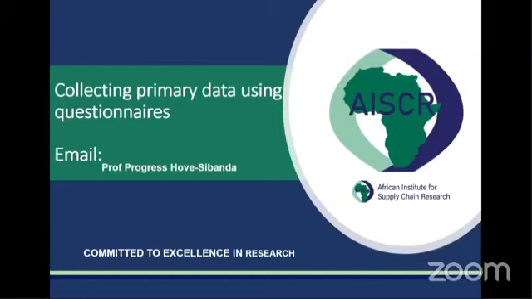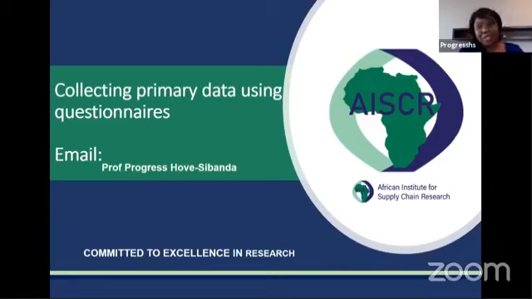Thank you very much. Good afternoon, viewers, and welcome. The previous session has taught you how to make use of secondary data, but as you know, secondary data has its own shortcomings. There are cases where secondary data fails to fit the purpose of the current study being conducted.